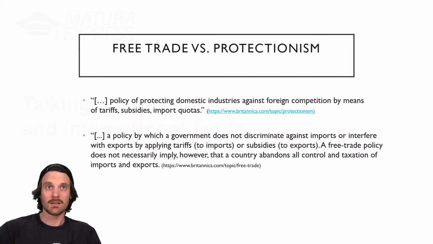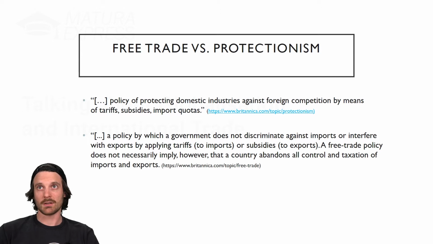But free trade harms smaller local companies, since they can't keep up with the big international players. So there are downsides to both free trade and protectionism, but I think free trade is some sort of better solution.